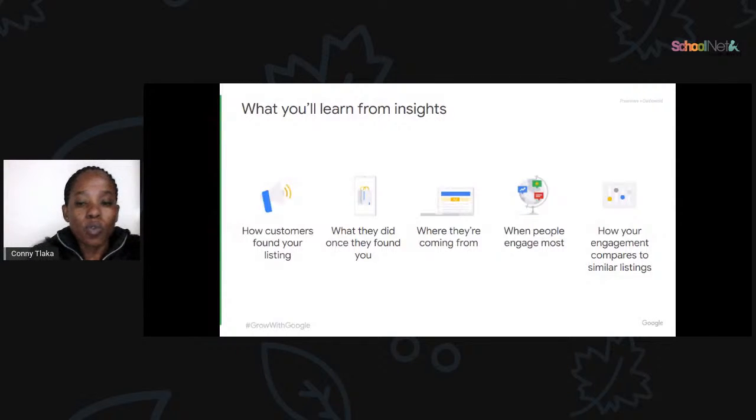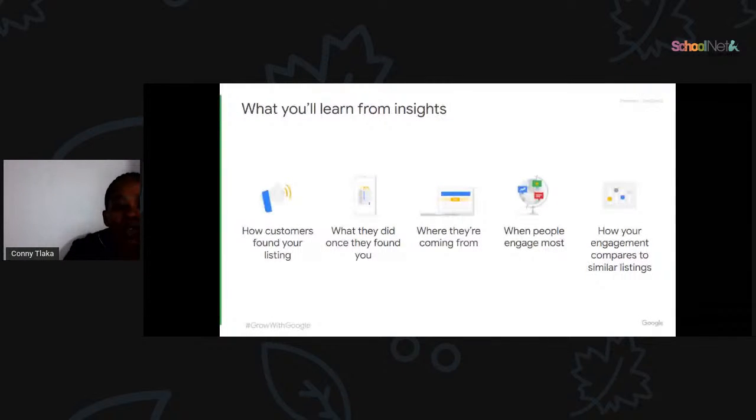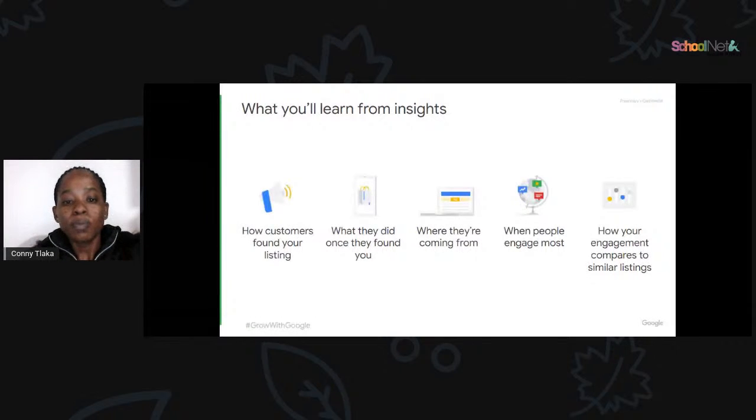For example, where on a map people request driving directions to your business, and when people engage most, for example, when and how often people called your business via your listing on Google. You also learn how your engagement compares to similar listings, for example, how often your photos are viewed compared to similar businesses.